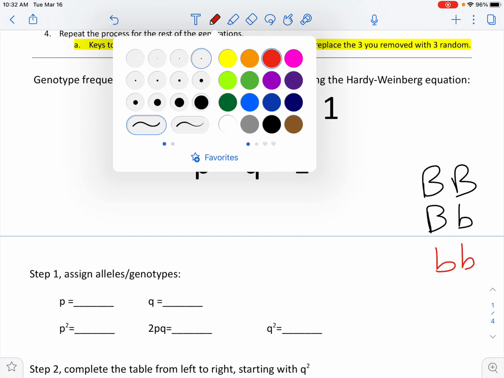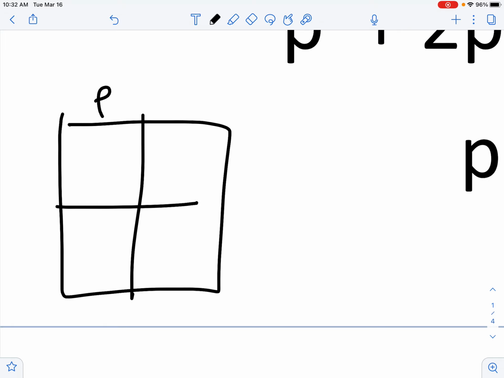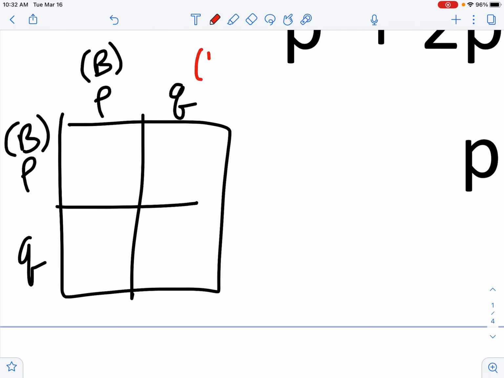And it's derived, I think this is important to see, from a Punnett square cross, right? Where you take the P and Q, where P represents, in this case, the capital B, and Q represents, I'll use the red, the lowercase b, okay?